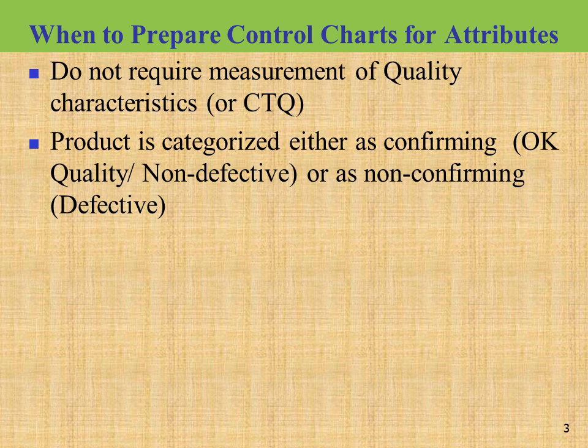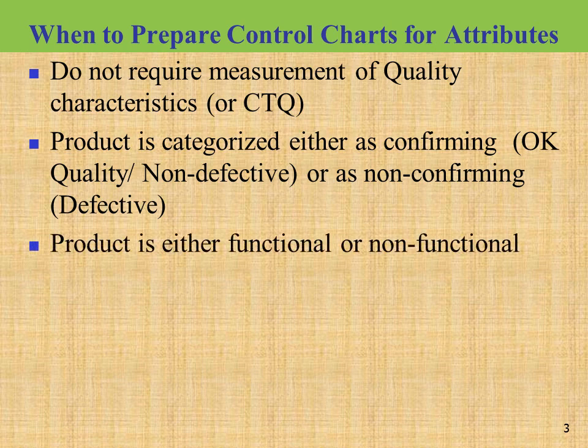Rather, the product is categorized either as conforming or as non-conforming. For example, if a product does not perform its expected function, then we will categorize it as functional or non-functional, or we can say it is defective or non-defective. So there are only two possibilities in such a situation.